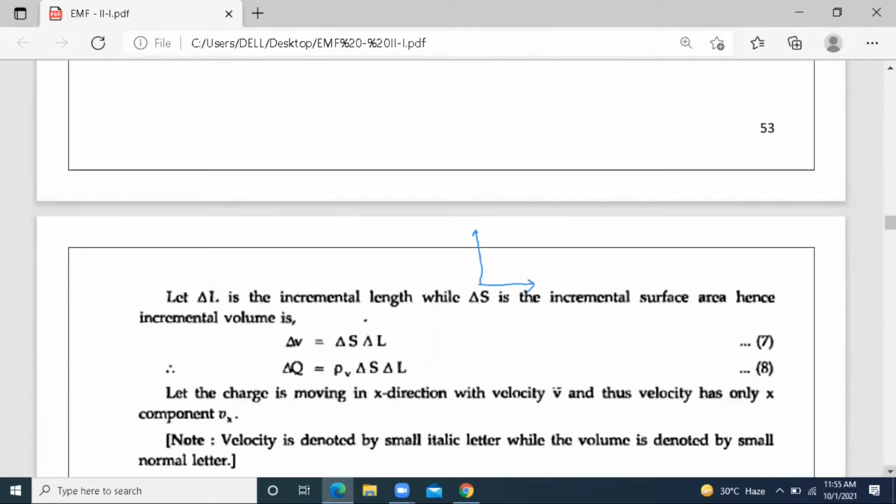Oh, no worries, sir. Okay. Now delta V is length times width, delta S, the surface, times the length. We are dealing with a cube. So delta Q equals rho v delta S times delta L.